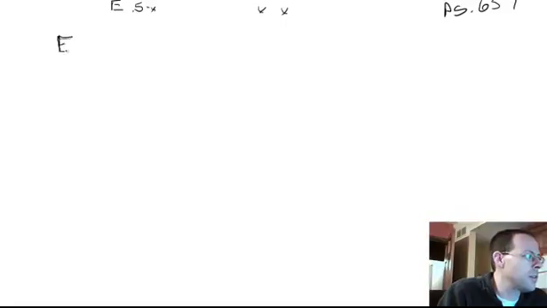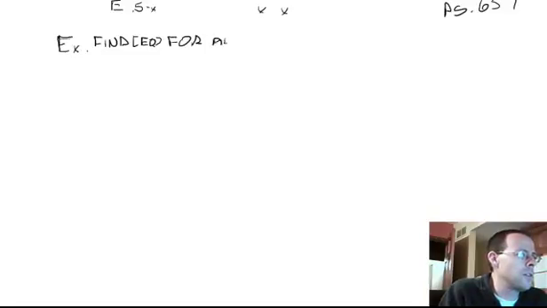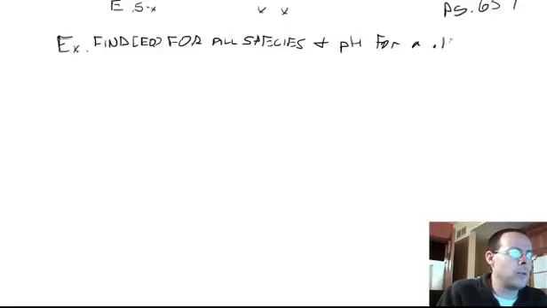So our example is going to be: find equilibrium concentrations for all species, or substances, and the pH for a 0.10 molar HCN solution.